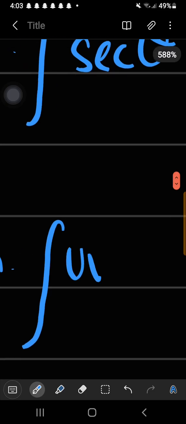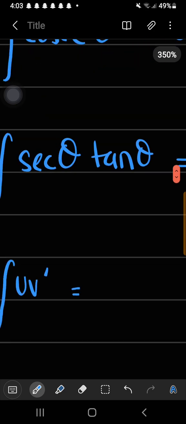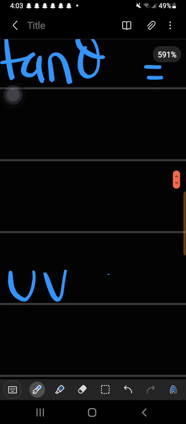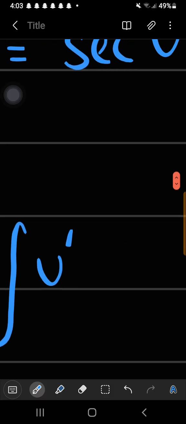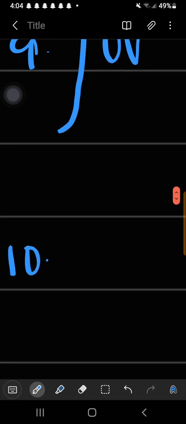We have this, and it is equal to, when we integrate it, uv plus integral of u differentiation v. So I want to apply it here to identify the integral of tan inverse theta.